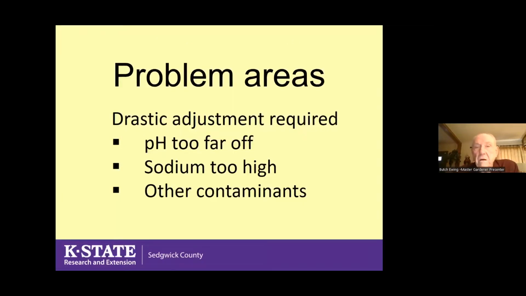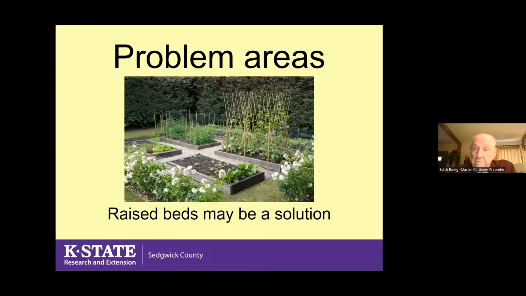So if you have problem areas where maybe in one spot the soil is way too off on the pH, or maybe you have a sodium issue in one place that's not in another place, or maybe there are other issues where you can't grow what you want to grow in that spot, and it's something that can't be amended easily, then what you want to consider is doing raised beds.